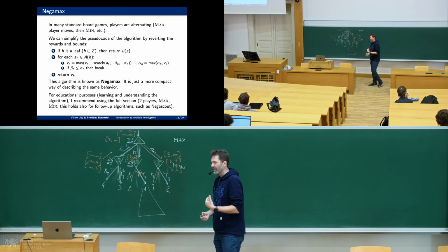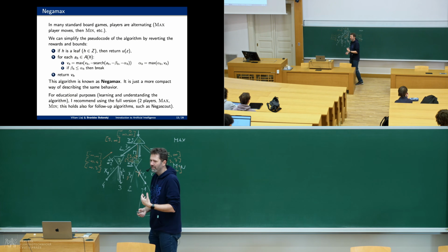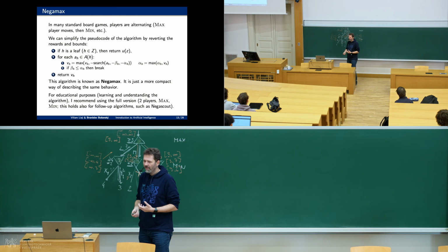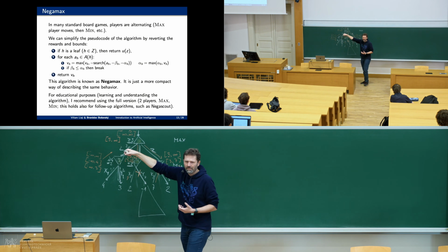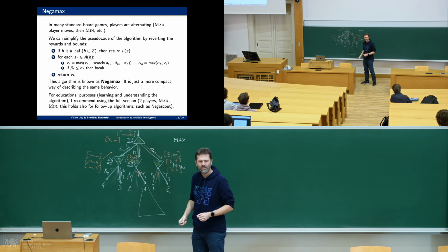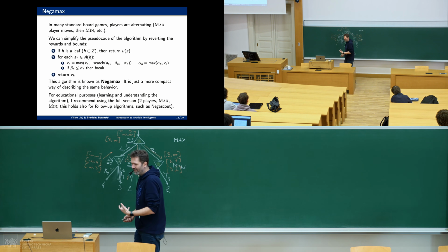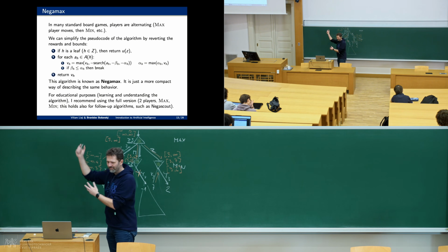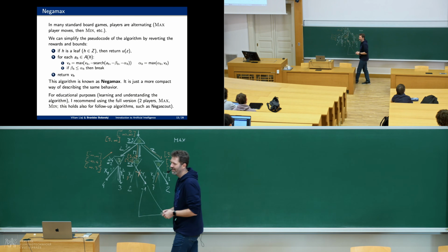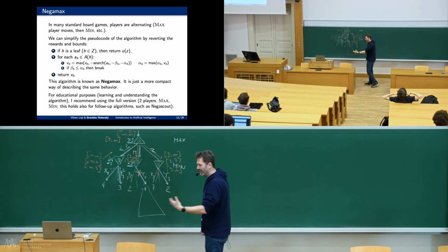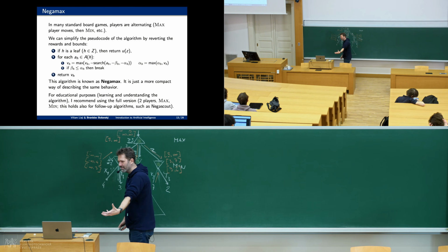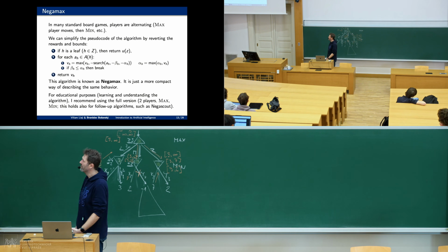This is really just for you to know, because if you, for example, Google Negascout pseudocode, very often you will find it written in this manner, with multiplication by -1. But in my opinion, it's way too confusing. That's why I make this clarification that it's basically the same thing, but it's much easier to understand if I have that one if, depending on whether I'm in a player 1 node or a player 2 node.